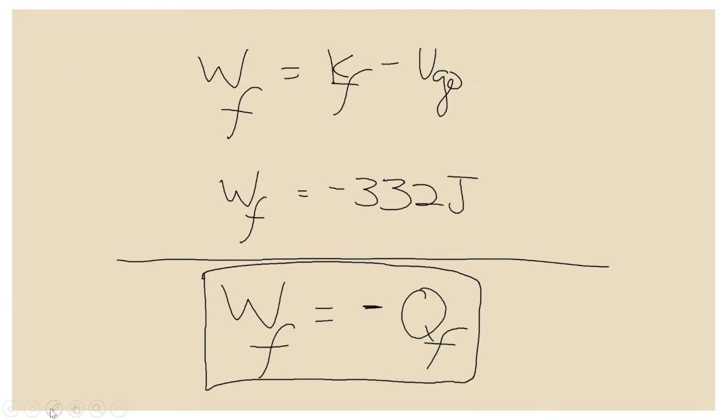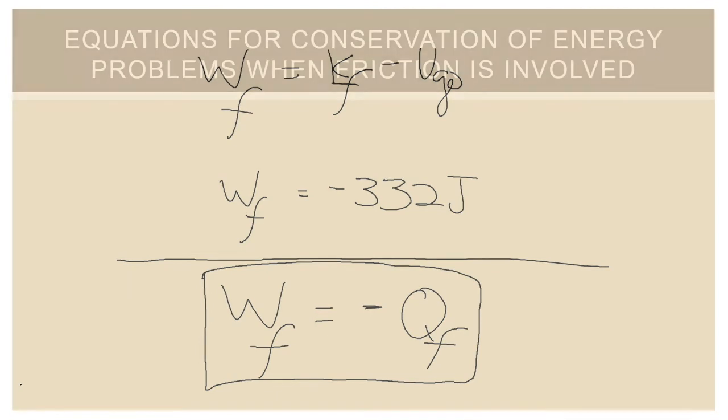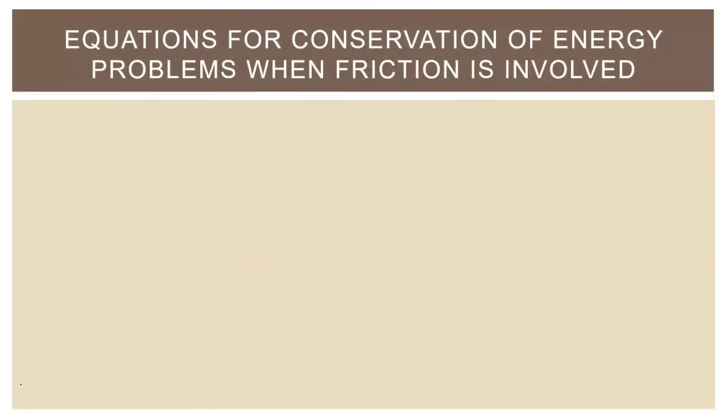Okay, now very quickly before we move on to the last problem for the day, I just want to very briefly summarize all of the equations that you could ever possibly use when you are solving conservation of energy problems when friction is involved. The first equation is that work due to friction equation that we talked about at the very beginning, with the friction force and the distance.